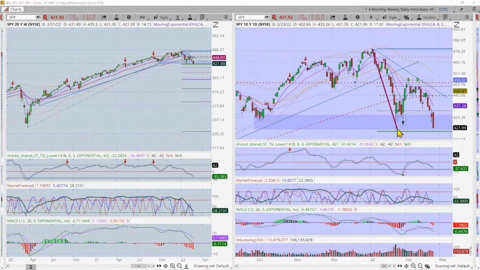We fell down. We rallied, and actually the first test of the rally held, bounced up, then not enough momentum to shift us back up through it, and then we fell back down and are retesting down at the lows that were made in January.